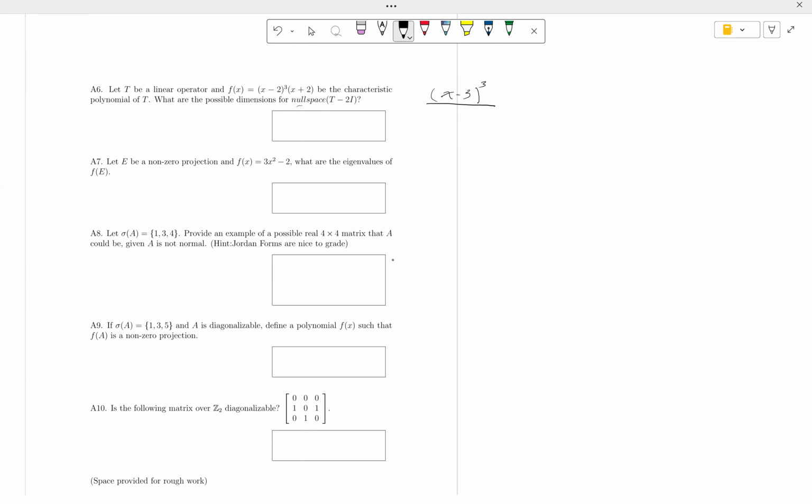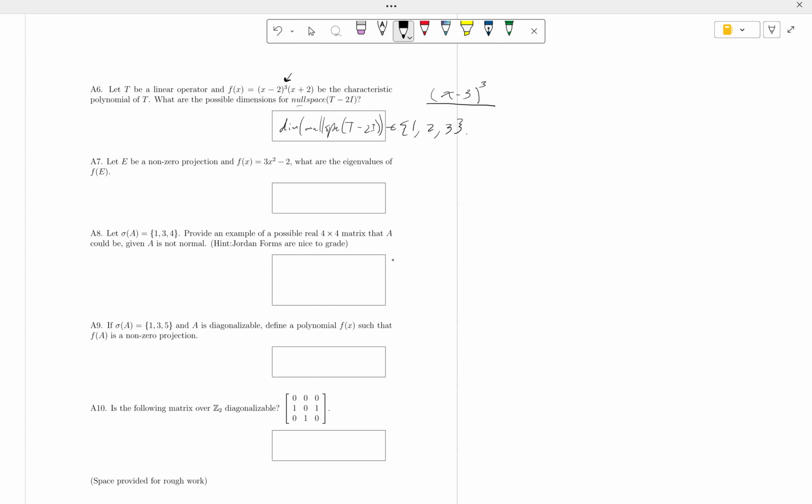So the upper bound for the dimension of that space is 3, and the lower bound is 1. So the dimension of the null space of T minus 2I is somewhere in the set of 1, 2, or 3. So 1, 2, or 3 vectors are going to be within that null space.